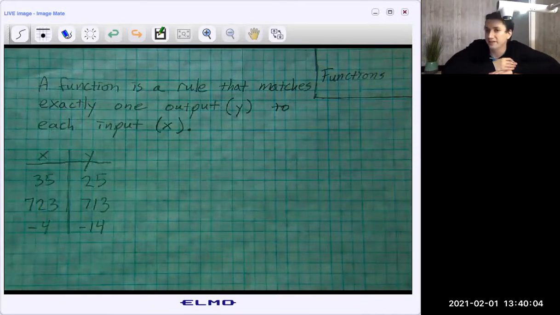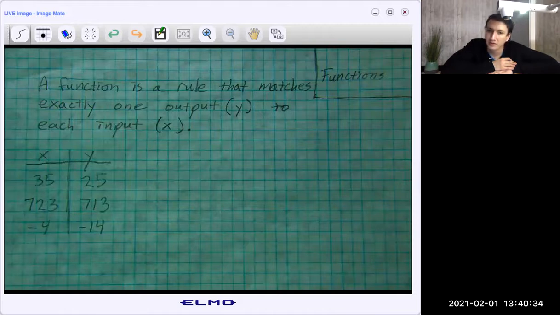So based on that, we look at the outputs and inputs and we see if they match. If they do, this is a function. Can you tell what the rule is? Yep, there's the rule. Good.